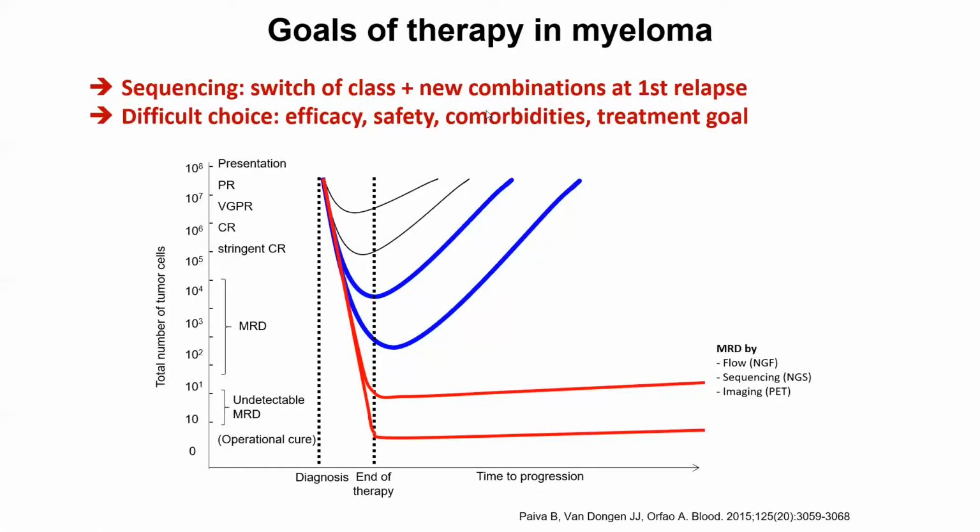Even though Dr. Hanbali told us that negative or undetectable minimal residual disease is not yet approved as a monitoring tool, now they are encouraging all new trials of multiple myeloma to include minimal residual disease, because they are thinking that undetectable minimal residual disease, when done by next generation flow and next generation sequencing in combination with imaging CT scan and reported to be undetectable, probably will lead to operational cure.